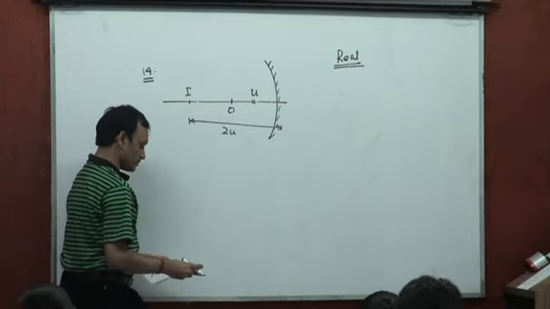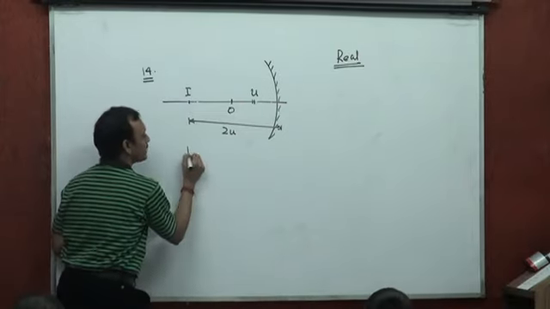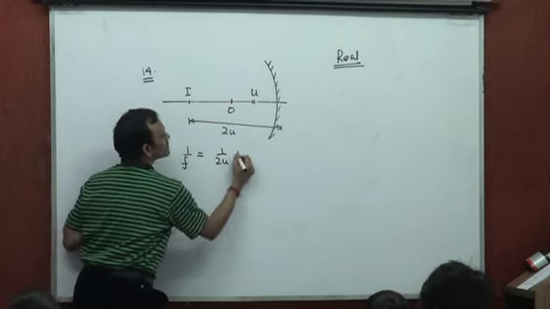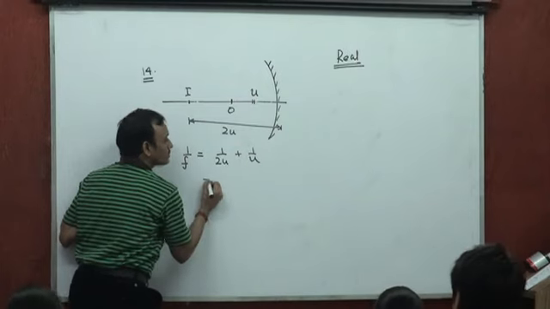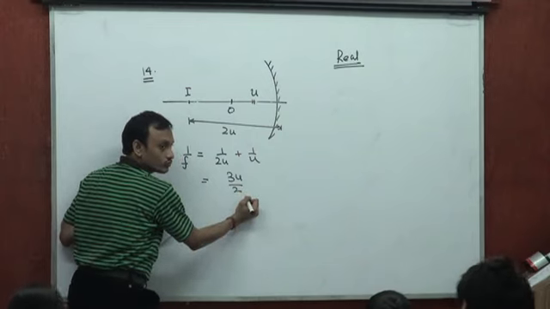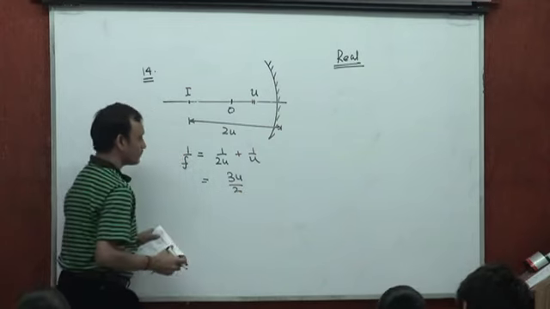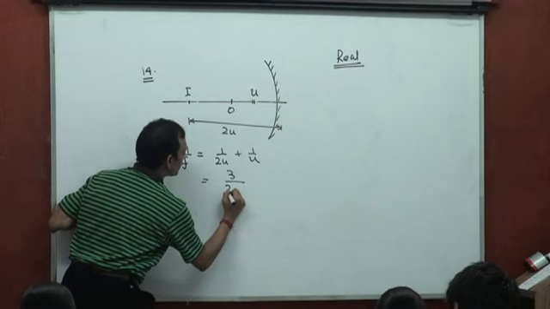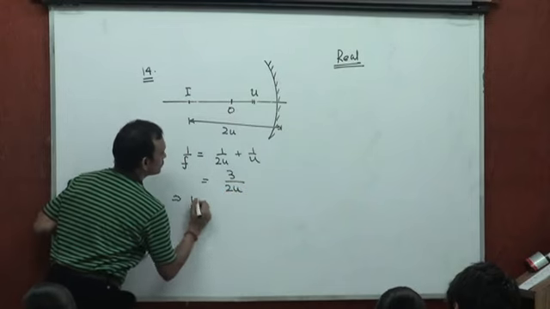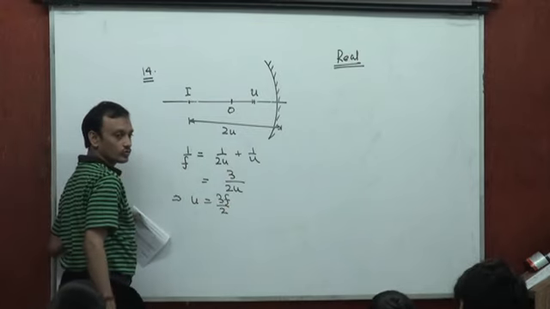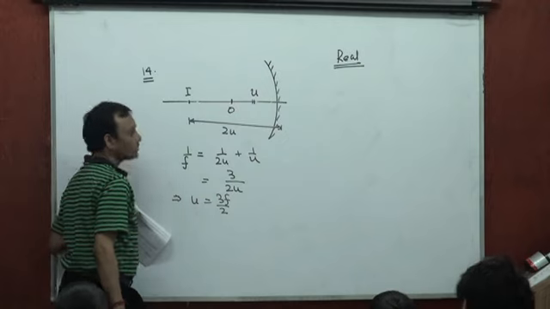Realize what's given in the problem is the focal length. That means 1 by f is 1 by 2u plus 1 by u, that is 3 by 2u. Yes or no? So we have u equal to 3f by 2.